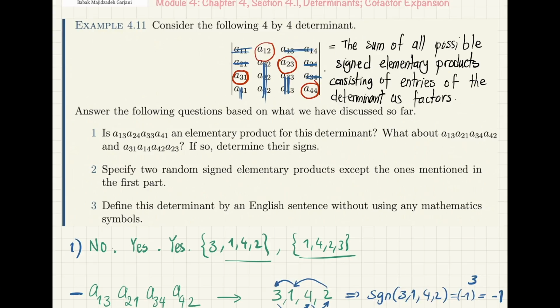So then you can immediately see that, you see, I haven't referred to the order of this determinant in this sentence at all. You see, the order of this determinant is 4x4. I have just written the sum of all possible signed elementary products. Of course, it is clear that if I have a determinant of higher order, the number of possible elementary products actually grows, yes, and it grows as n factorial.